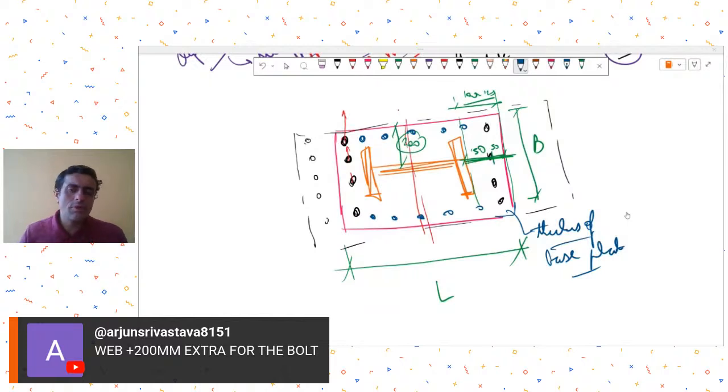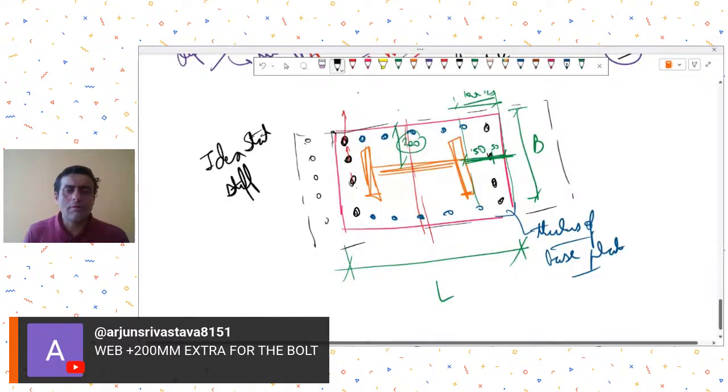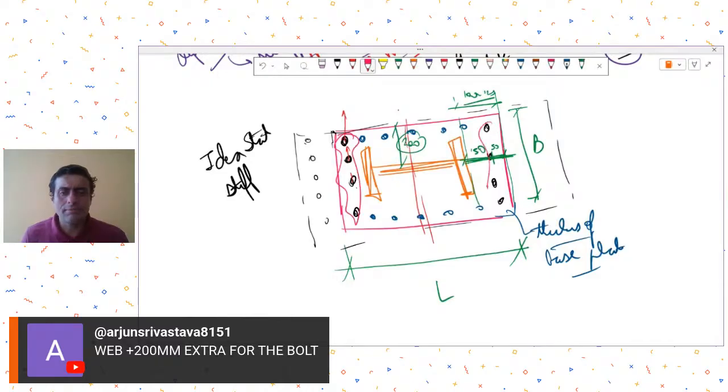But if you were to use a software like Idea Statica, which incorporates the stiffness of base plate also, then you will see that when you make your base plate thicker, the force distribution in the bolts gets uniform. Otherwise, for thin base plates, the system is flexible, so the bolt forces might be absurd in the outer bolts and almost very little in the inner bolts.